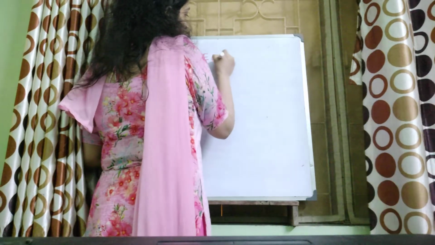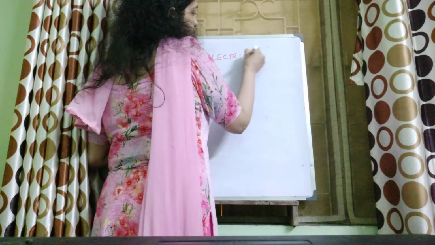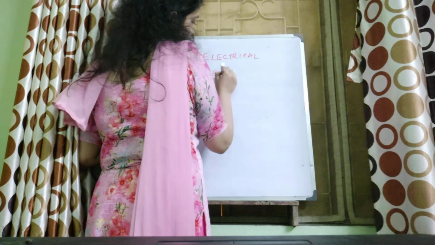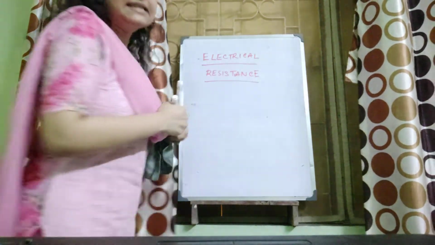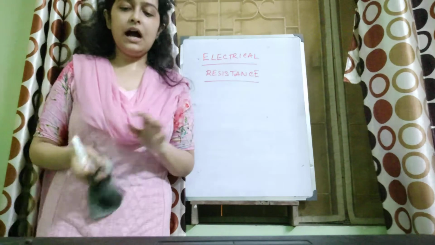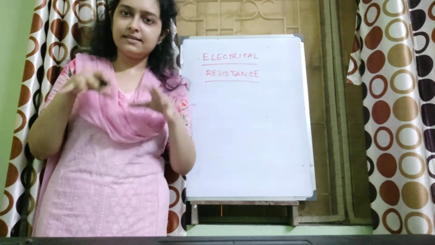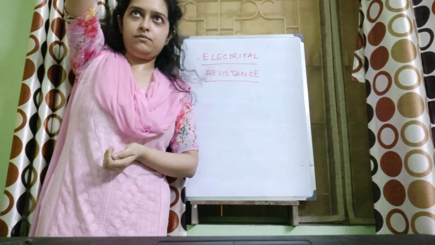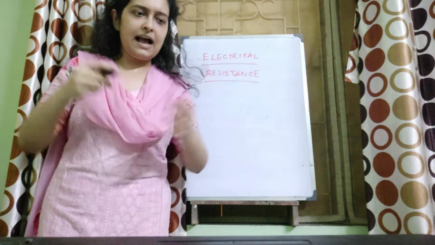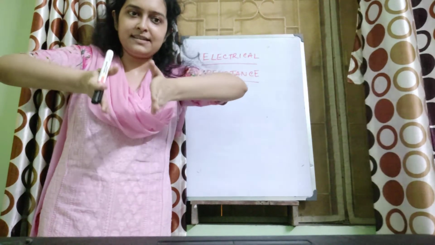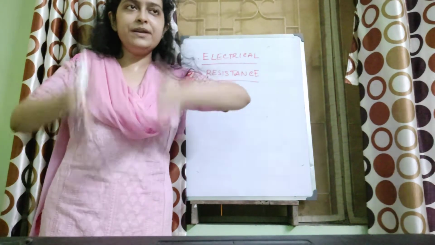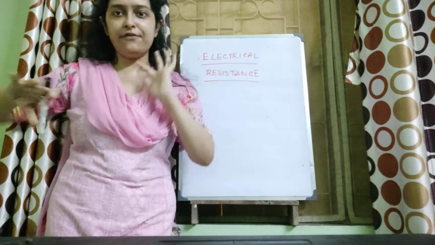Now, suppose I am standing in your class and I want to walk to the last bench, and many of the students are standing in between, and the small passage through which I will have to travel is between the two rows of desks which you have in your class.